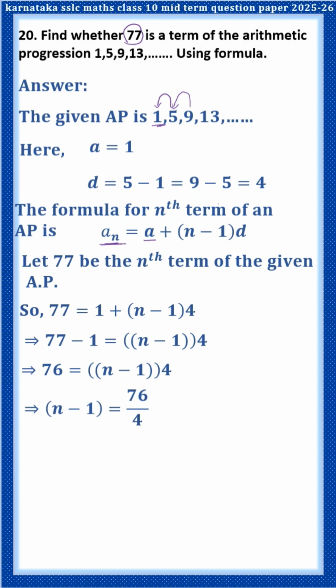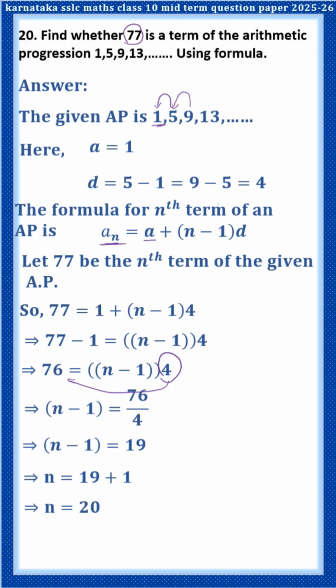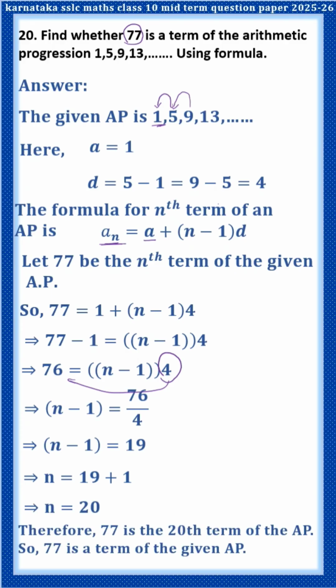Now n minus 1 is equal to 76 by 4. 76 by 4 is divisible, isn't it? That is equal to 19. n is equal to 19 plus 1, that is equal to 20. So n is equal to 20. Therefore 77 is the 20th term of the AP. So 77 is a term of the given AP.